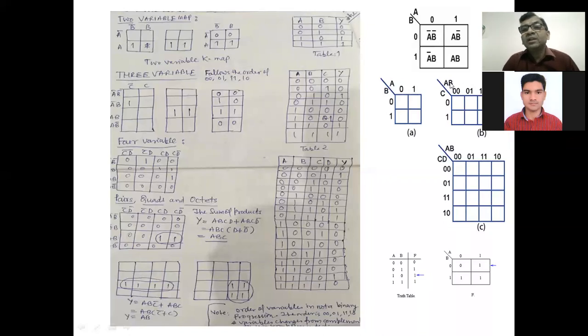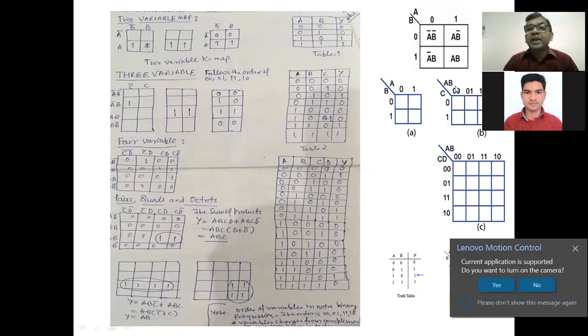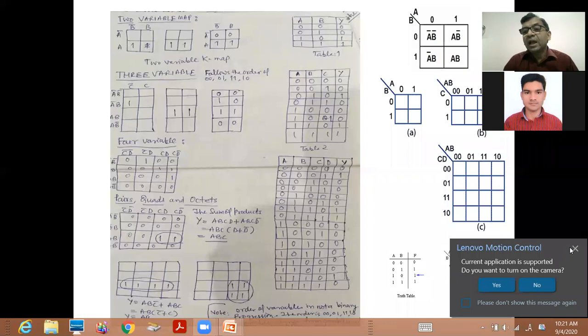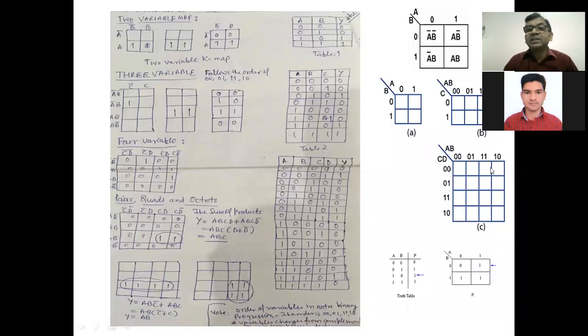Then A is 1, B is 0. Now one can ask why it is not 0, 0, 0, 1, then 1, 0? Because these 2 variables cannot be inverted at the same time. That is, this can be represented with a single inversion.